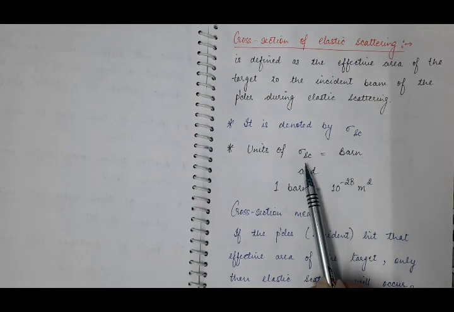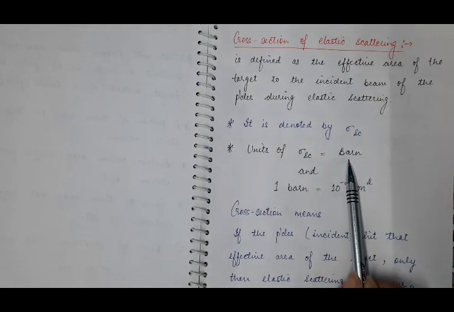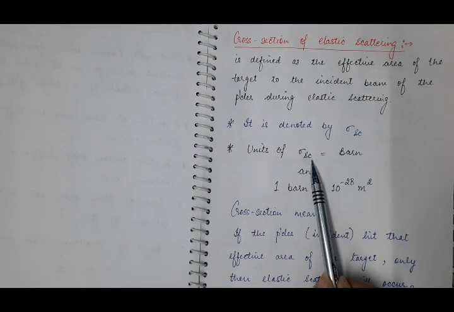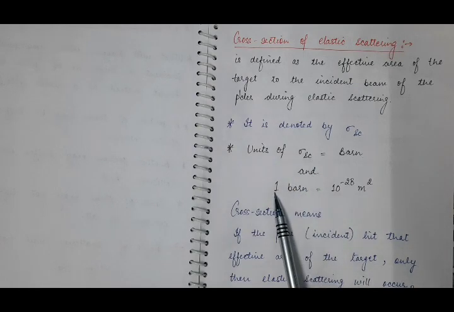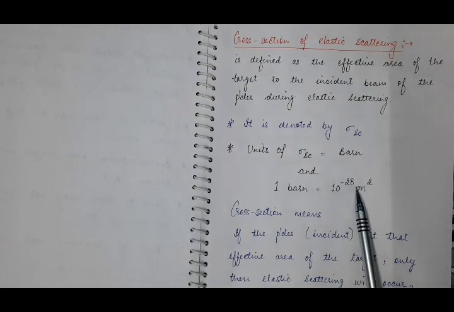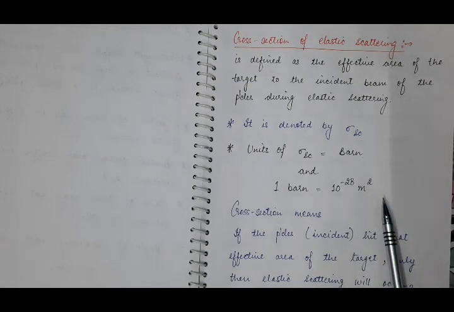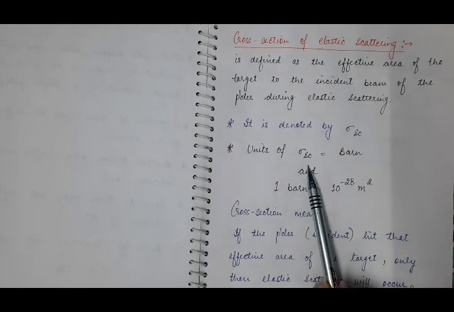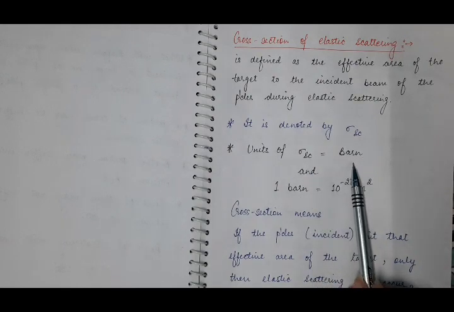The unit of scattering cross-section is the barn, and its dimensions are those of area. One barn is equal to 10 raised to power minus 28 meters square. So the unit of scattering cross-section is the barn, which has the dimensions of area.